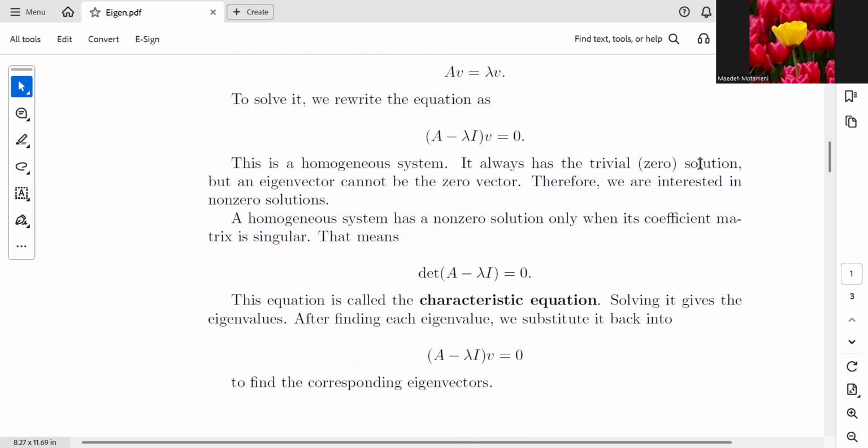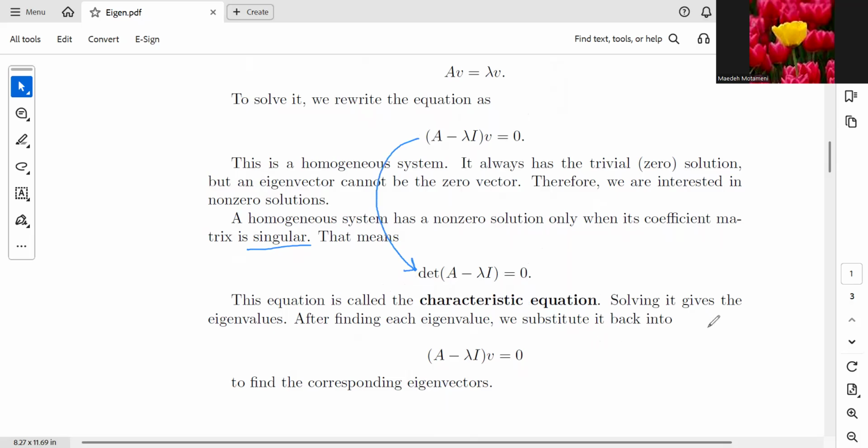So we search for a non-zero solution, and that happens when the coefficient matrix is singular. It means that the determinant should be zero. So we find the determinant of A minus lambda I equals zero, and this is called the characteristic equation.